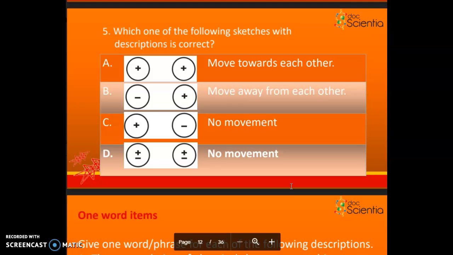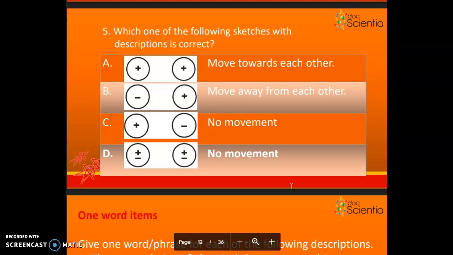Number 5. Which one of the following sketches with description is correct? Now, A has two positive ones, and it says they moved towards each other. B is a positive and a negative, and it says they move away from each other. C is a positive and a negative, and it says no movement.